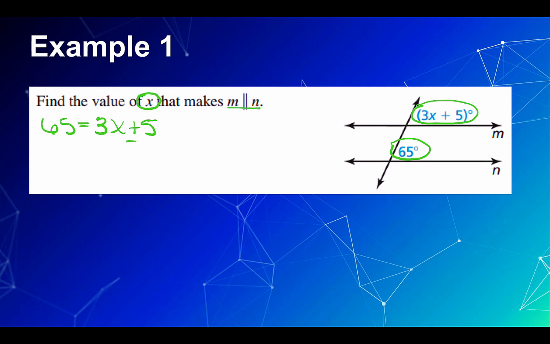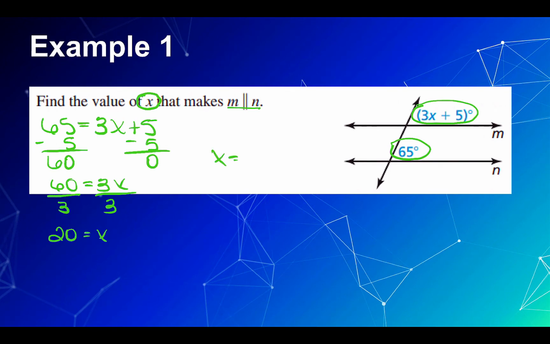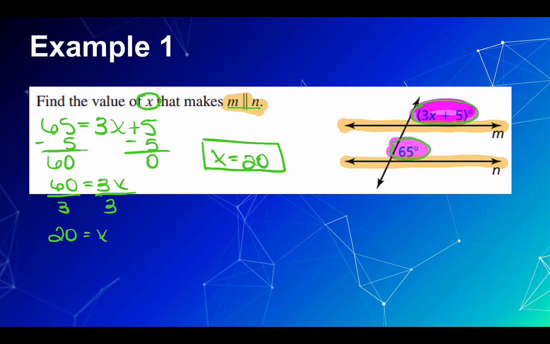So I'm just going to solve for x. 60 equals 3x, divide by 3, divide by 3. X equals 20. When x equals 20, this becomes 65. If this is 65 and this is 65, the corresponding angles are congruent. Therefore, M is parallel to N.